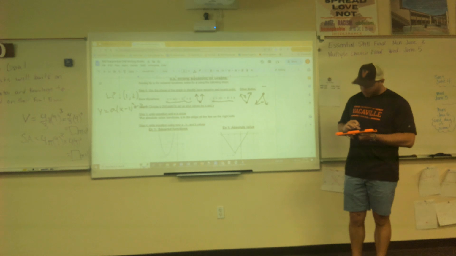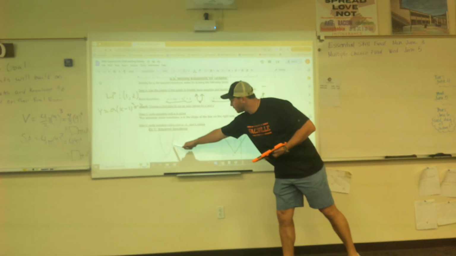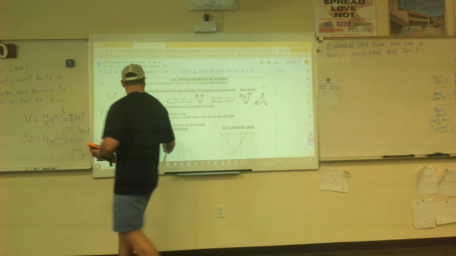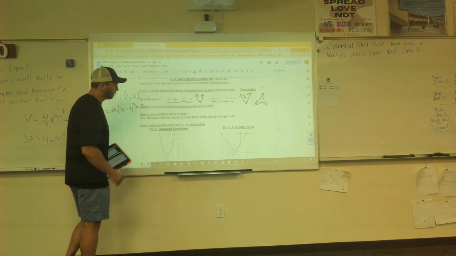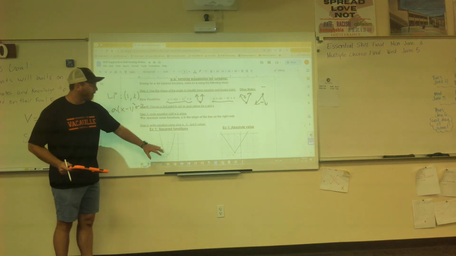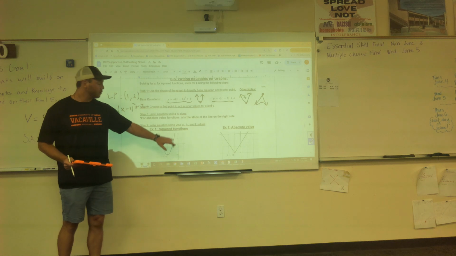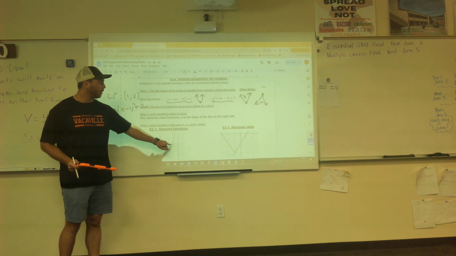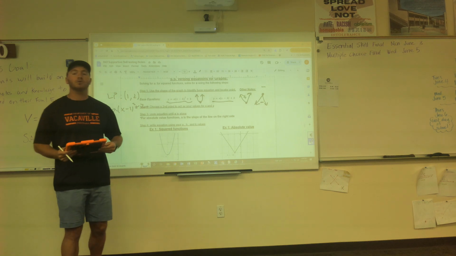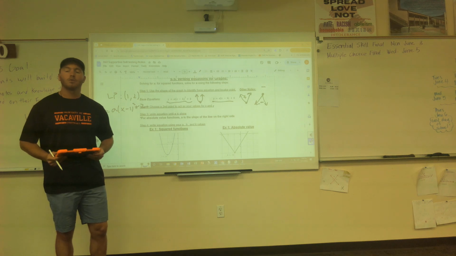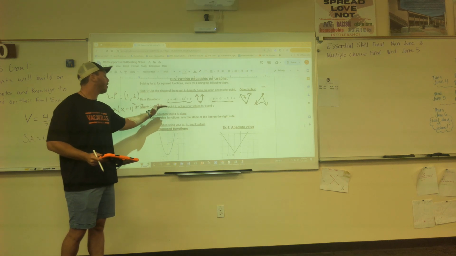If you see right here, and it's on your paper too, you should be able to identify what a second point would be. -2, 0. Now this isn't the specific one for it, but we'll use that second point. So we have our locator point and we have that second point, and we'll use that second point to help us solve for a.